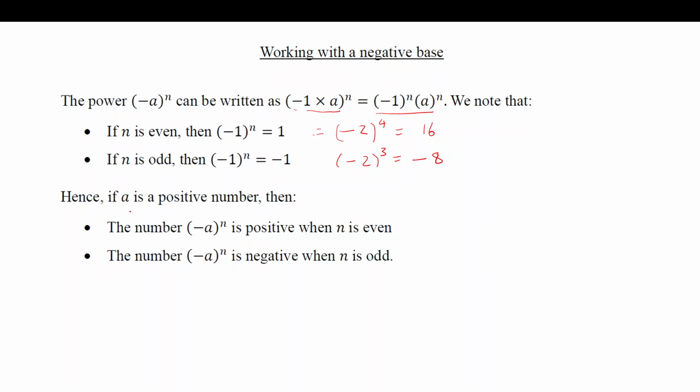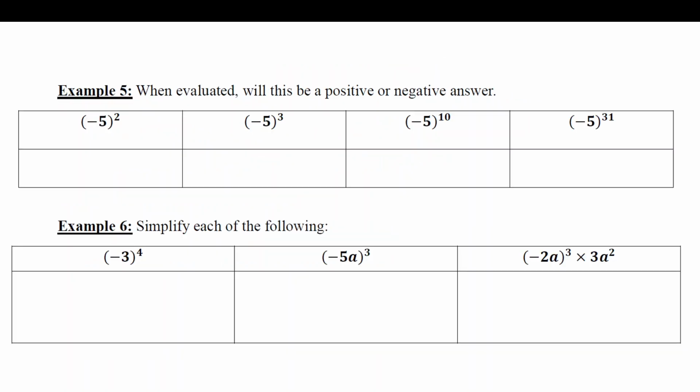So hence, if a is a positive number, then this will happen when n is even. And if a is a positive number, then this will happen when n is odd. So let's just formalize this. Here we have negative 5 to the power of 2.